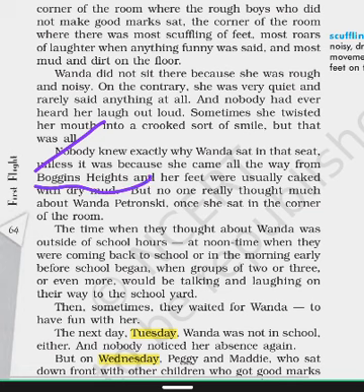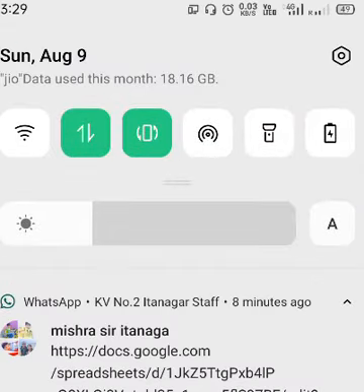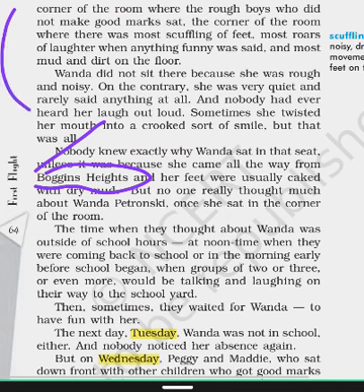Before this, we have studied that Wanda Petronsky is a Polish girl. She used to sit in the second last corner seat in room number 13, where the most noisy students used to sit.